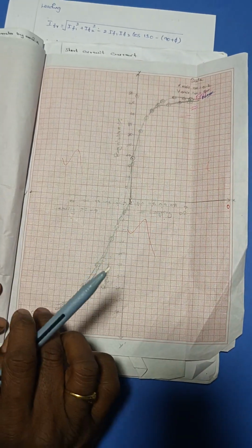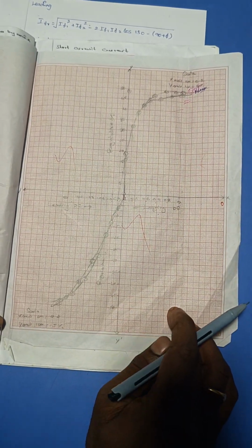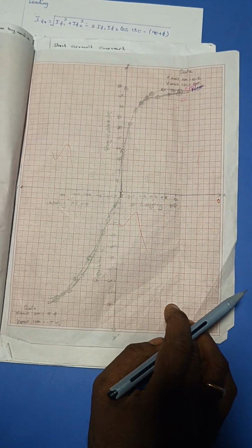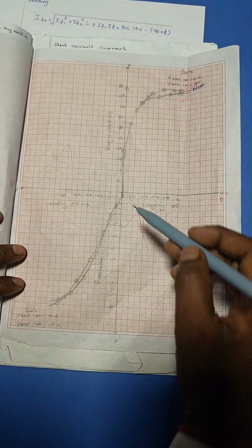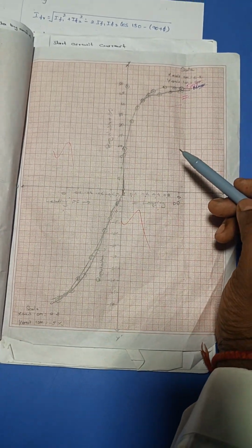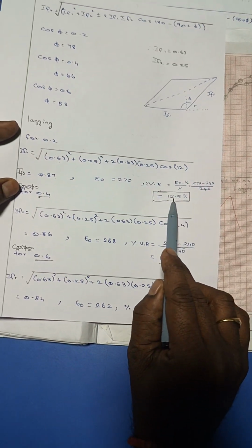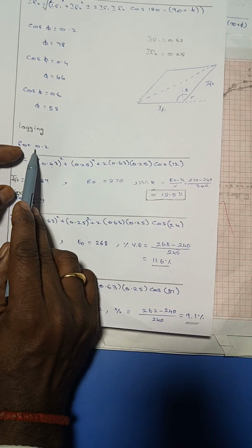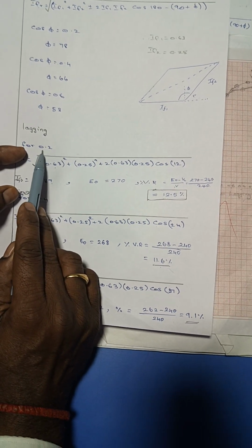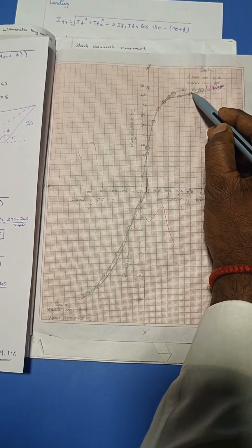From the data which we got by making the graph, first I'll explain. The value of voltage regulation is 12.5 for the power factor of 0.2. That comes here at 0.2, around 12.5. When the power factor increases, the regulation drops.